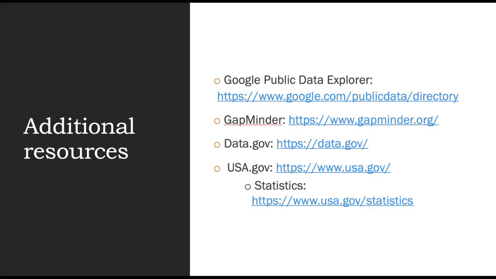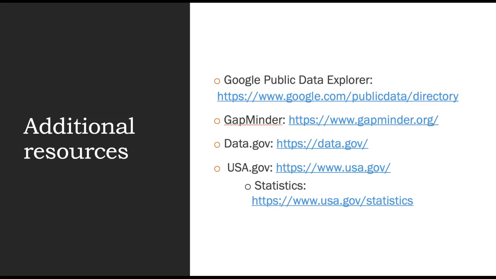These are some free resources. These are linked within the PowerPoint slides, so I won't go through them one by one. I'll let you do that on your own. But keep in mind these are some other additional places that you might find valuable statistical data.